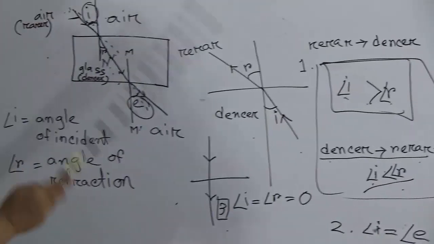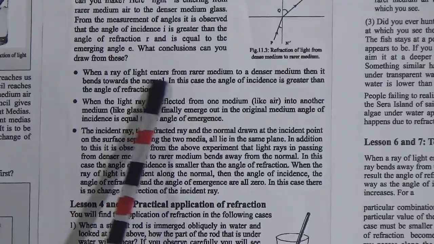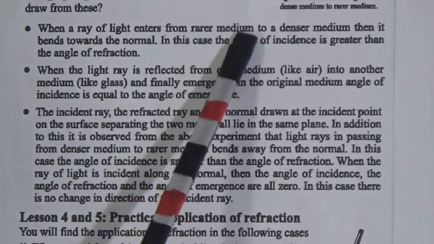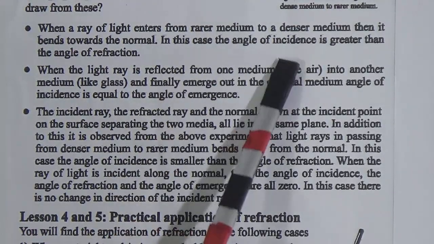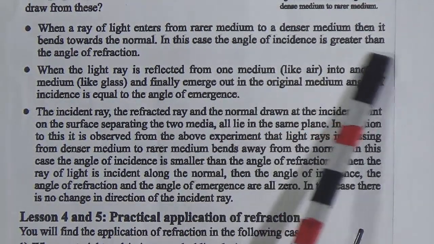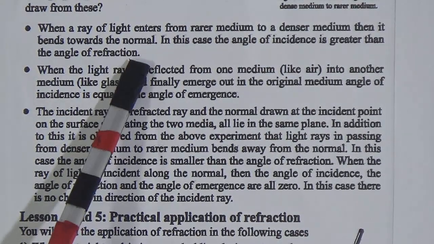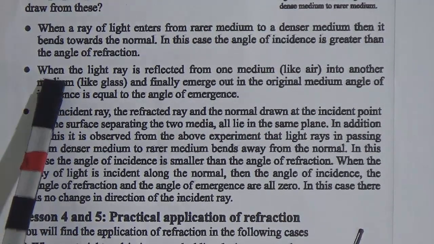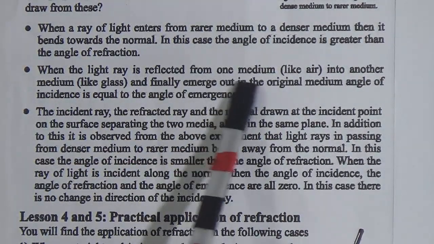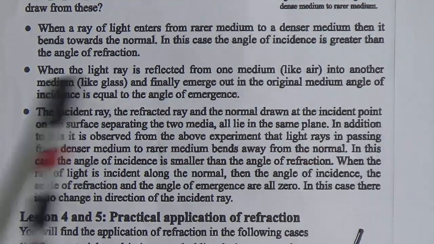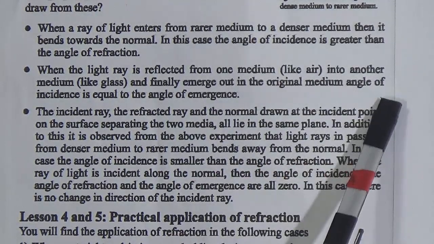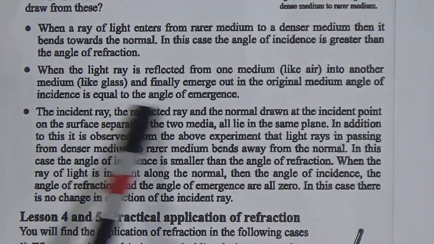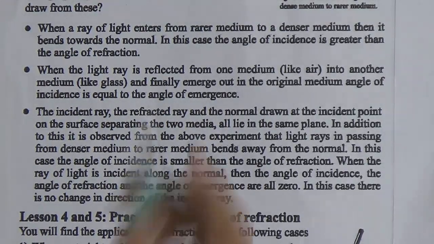Come to page number 116. When a ray of light enters from the rarer medium to the denser medium, it bends towards the normal, and in this case the angle of incidence is greater than the angle of refraction. Second, when a light ray passes from one medium like air into another medium like glass and finally emerges out into the original medium, the angle of incidence is equal to the angle of emergence.